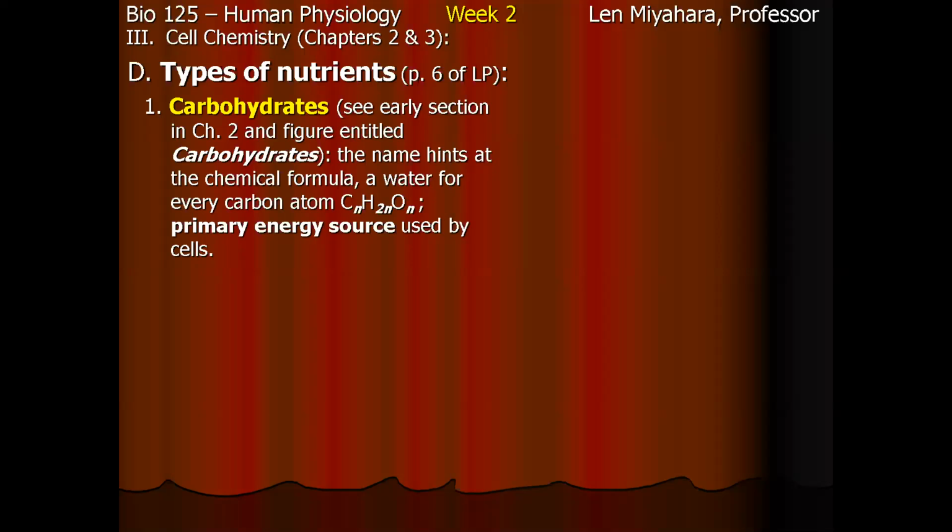Once you start building up chains, it doesn't come out exactly that, but the single links mean that there's an H2O for every carbon. Okay? What you need to know is that the single links is the primary source of energy for cells. In other words, it's the primary fuel to make ATP.